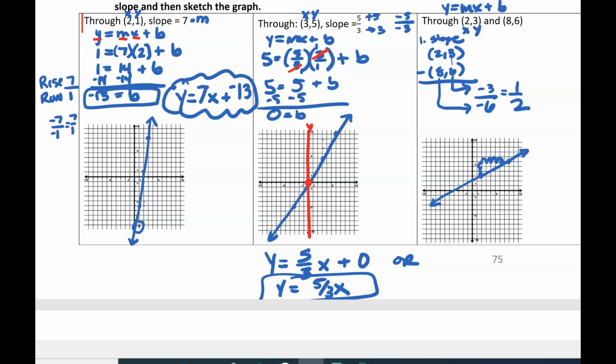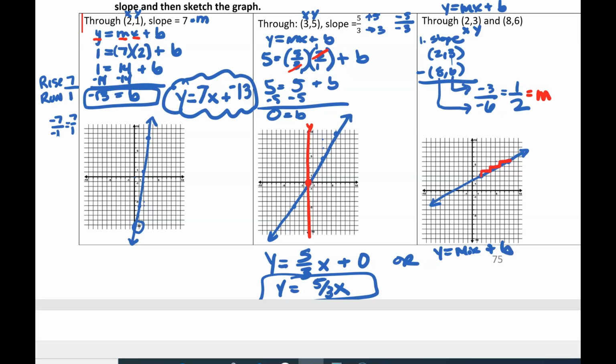If we use that slope here, we go up 1 over 2, up 1 over 2, up 1 over 2, and that works. Awesome. Okay, so we got 1/2, that's equal to our slope. And then let's go ahead and find the y-intercept. So I'm going to use y equals mx plus b.